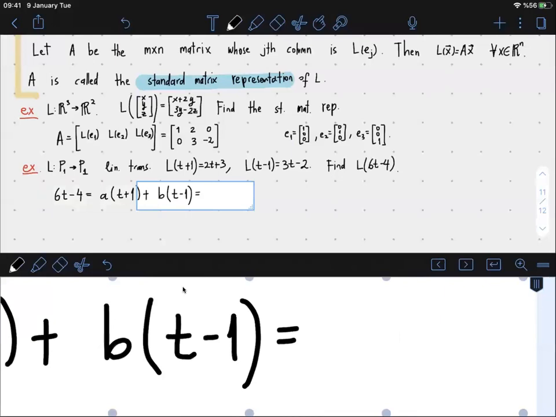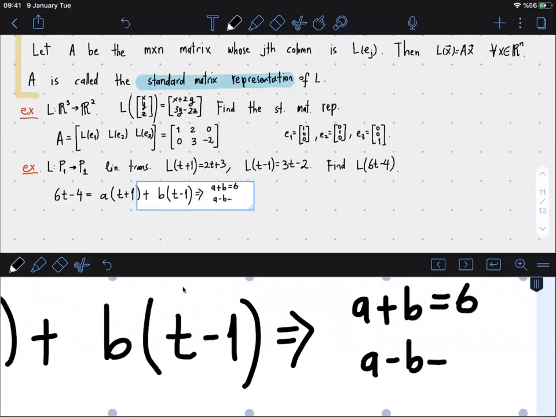So what does this give us? This gives us a plus b must be 6 and a minus b must be minus 4.